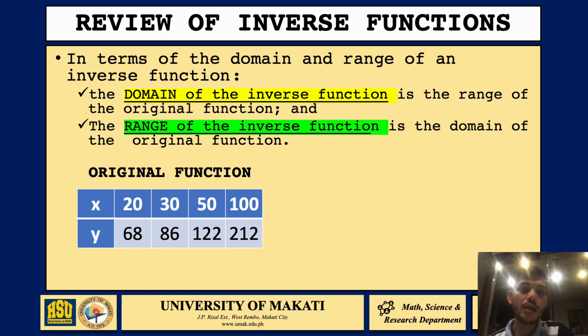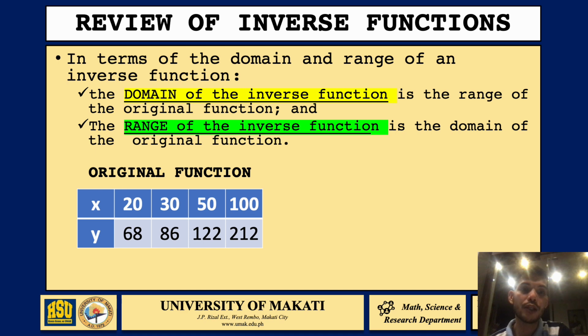So the domain of the original function is the set of 20, 30, 50, and 100.